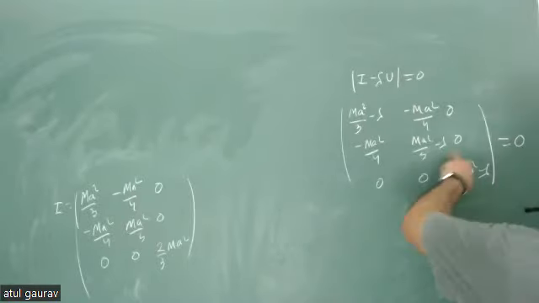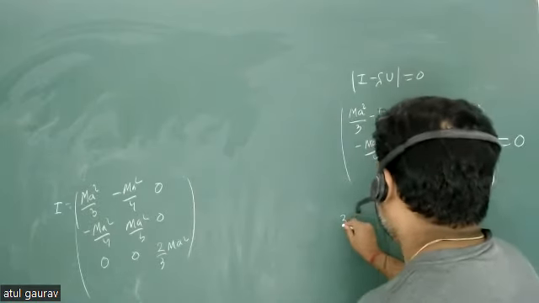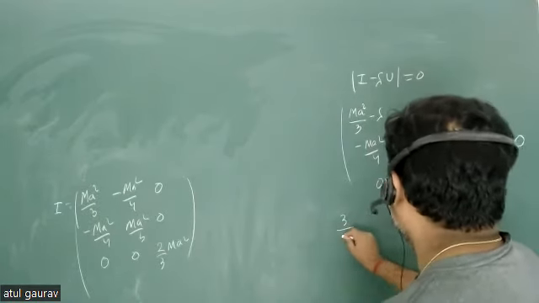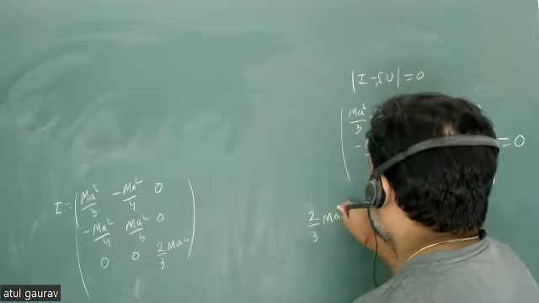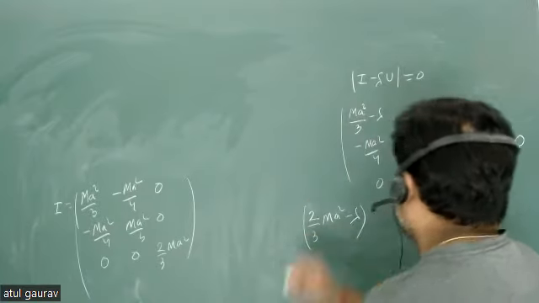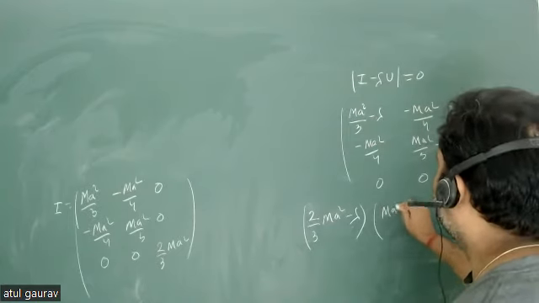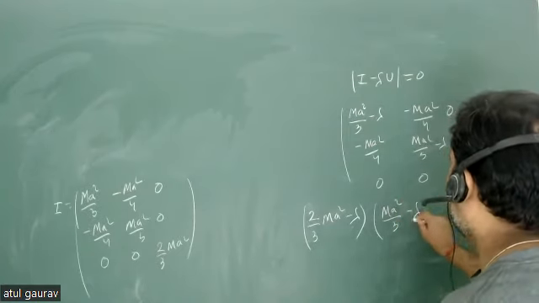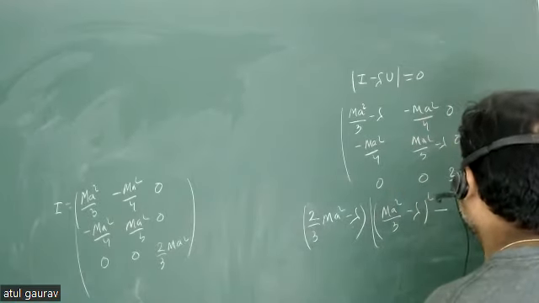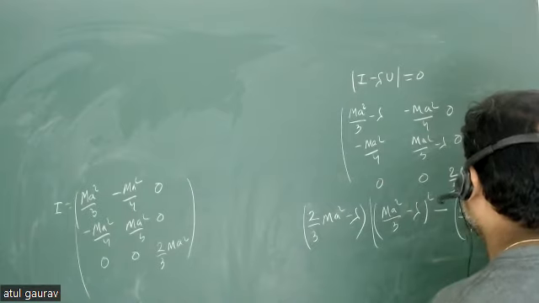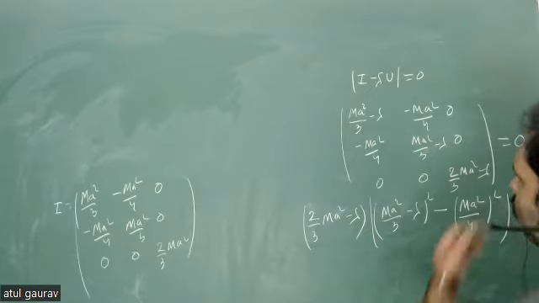So we can expand about this row, which gives 2/3 ma² minus lambda, into (ma²/3 minus lambda) whole square minus (ma²/4) whole square, isn't it? And that must be equal to 0.